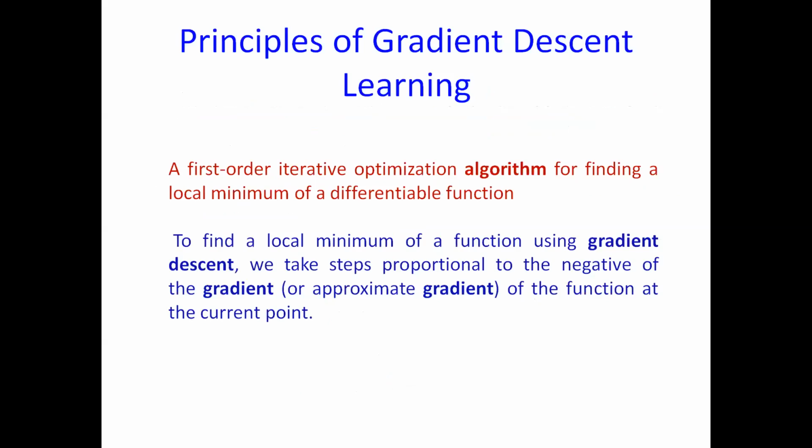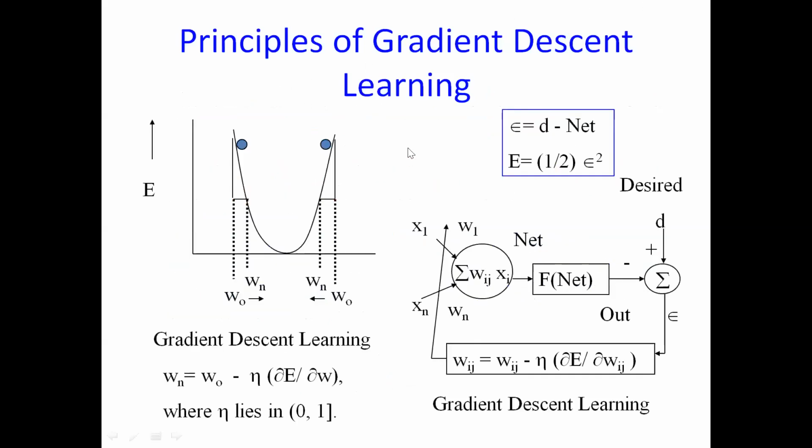Whenever we use this gradient descent learning in an artificial neural network, very precisely in a backpropagation neural network, we have inputs from x1 to xn.